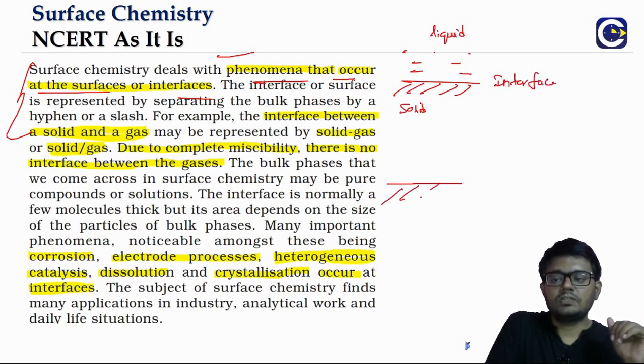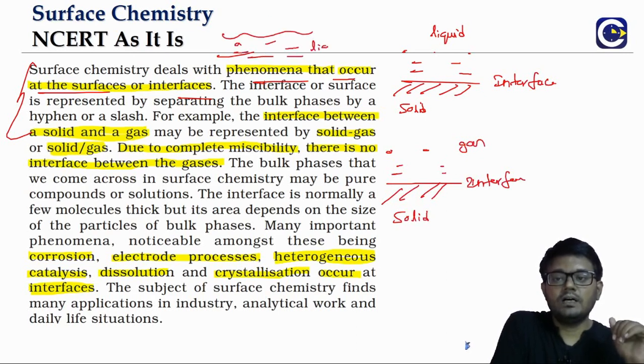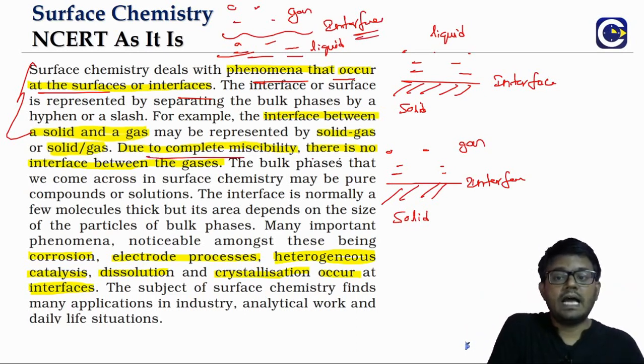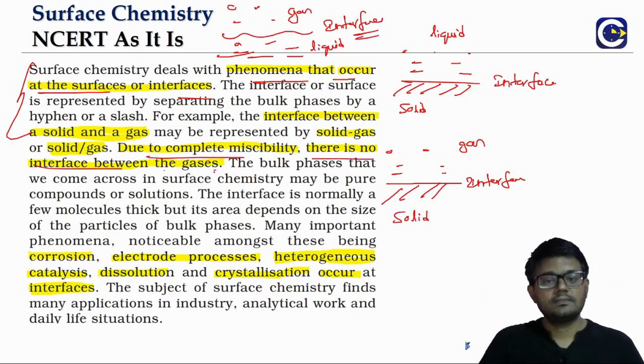Similarly, if you have a solid which is in contact with a gas, there also we will have an interface. And you can also have an interface between a liquid and a gas. But since gases mix thoroughly with each other, we cannot have an interface between two gases.